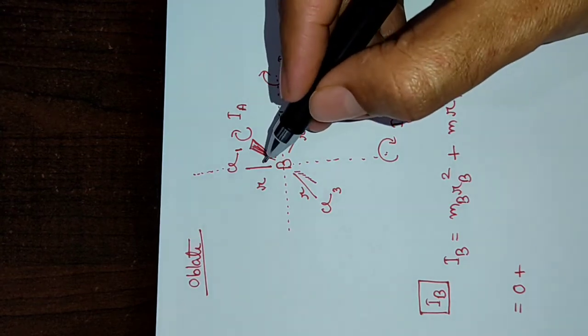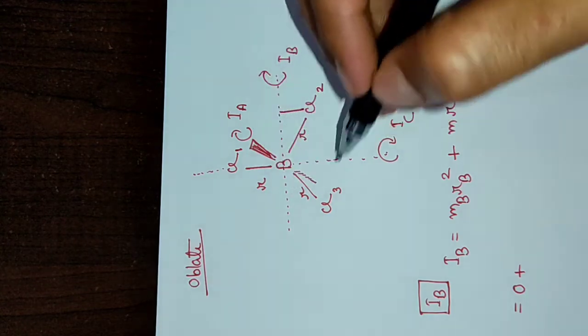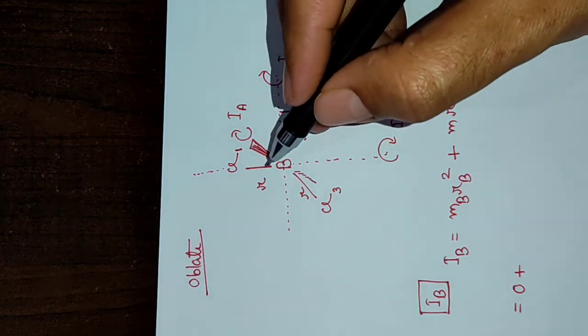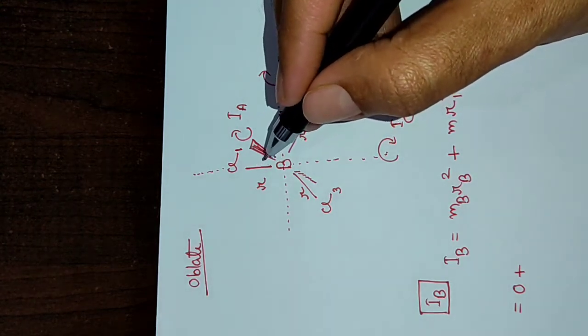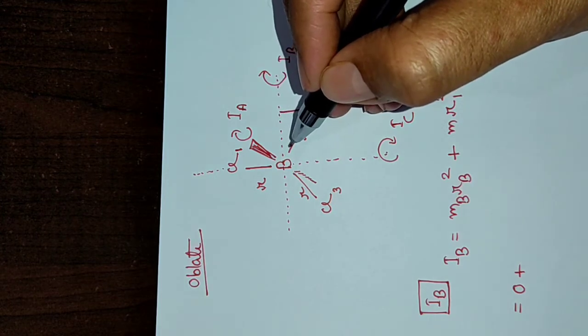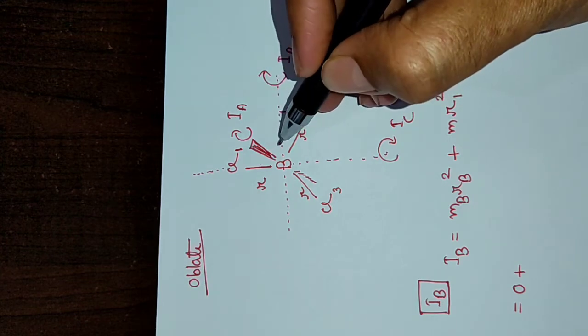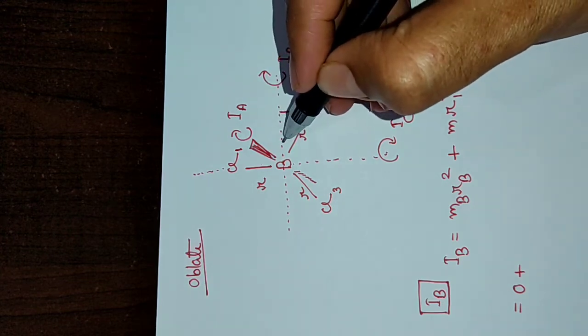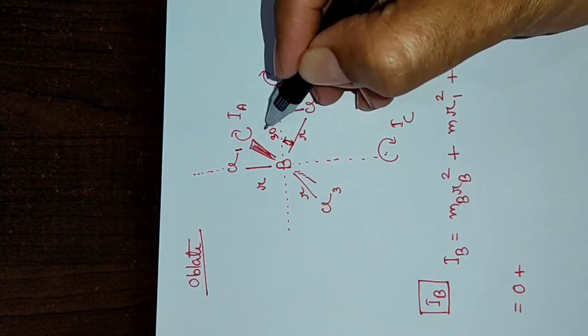Now you see, this molecule has sp2 hybridization, so the bond angle will be 120. Now this is 120, ClBCl, this is 90, so it will be 30 degree.